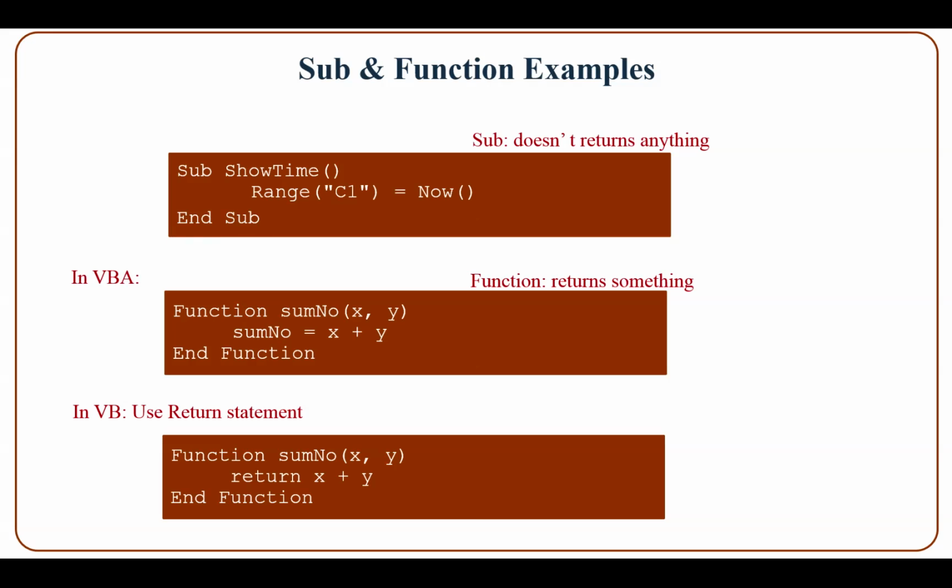A sub-procedure doesn't return anything. When you need to return something, you use functions. In VBA, when you need to return something from the function, you assign what you want to return to the function name.